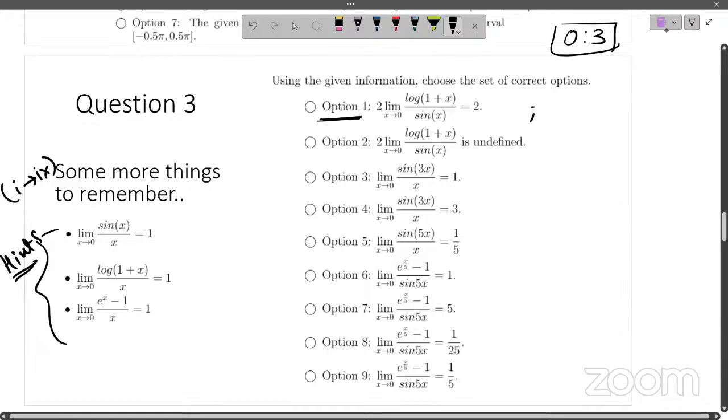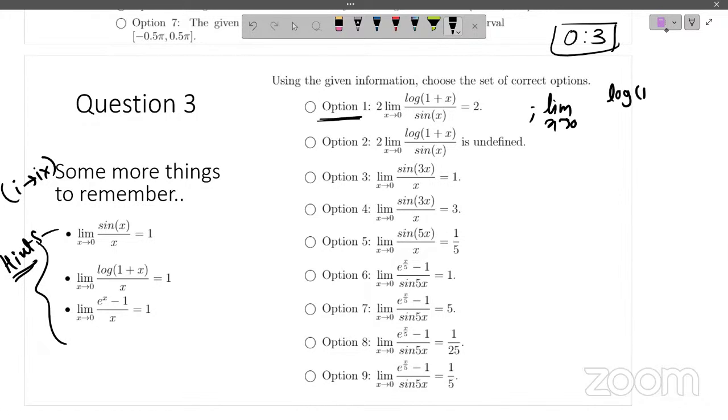So I'll write this limit as x tends to 0, log of 1 plus x upon x, that I know, into sine x. But if I want x in the denominator, what should I do? I should also multiply and divide by x.